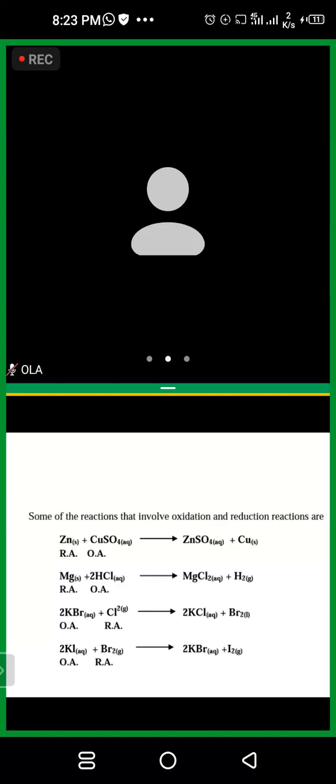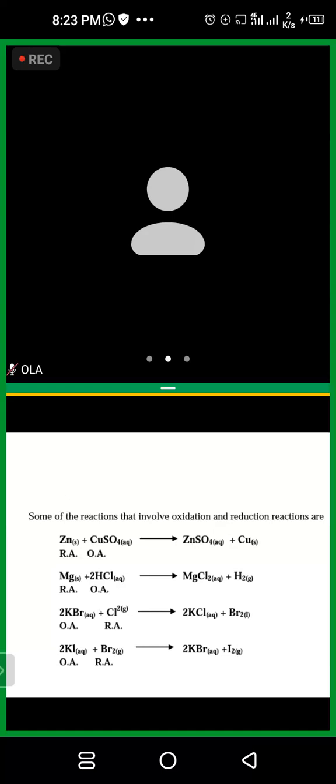The next example, we have potassium bromide reacting with chlorine. Potassium bromide is the oxidizing agent, chlorine is the reducing agent. On the other side of the reaction, we see that chlorine is now added to potassium. Now, what happens here?